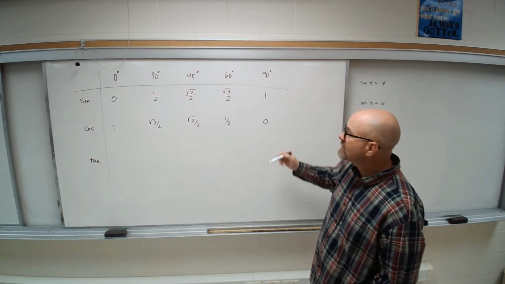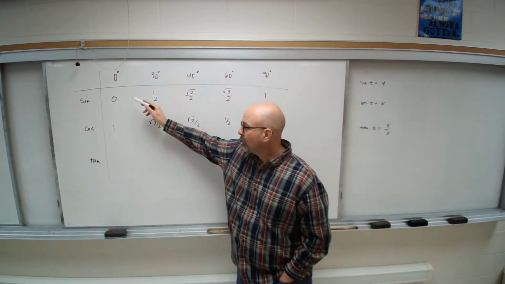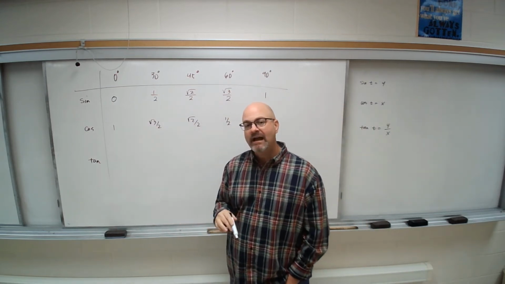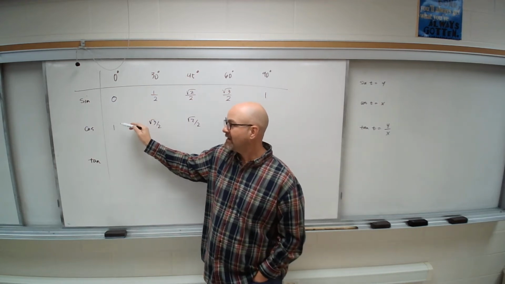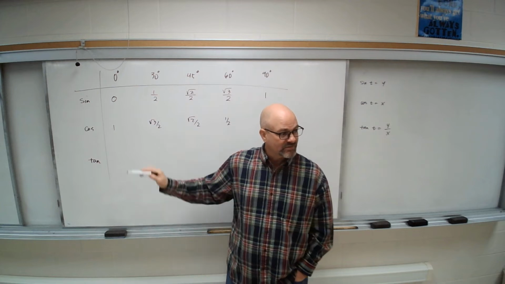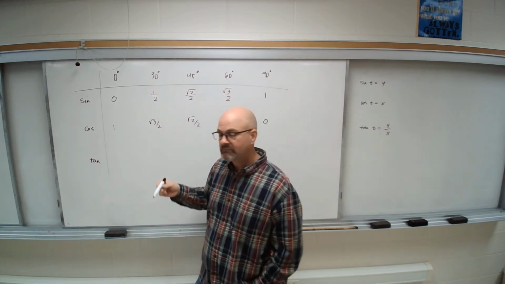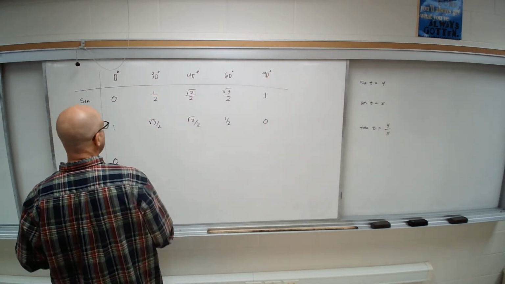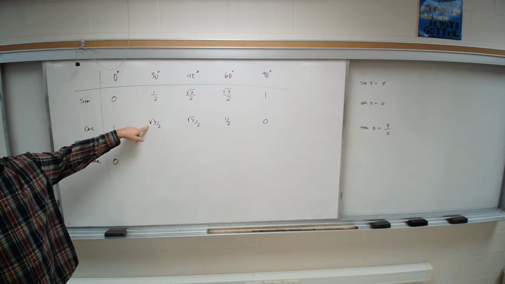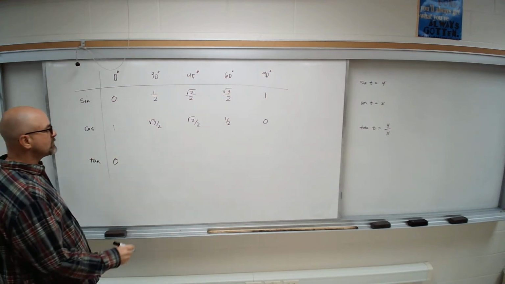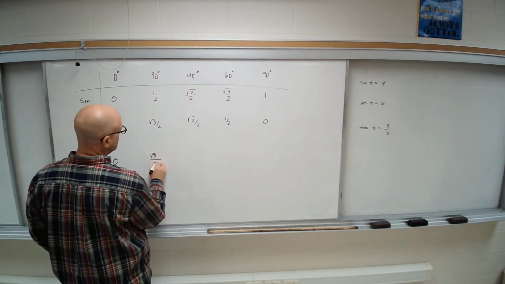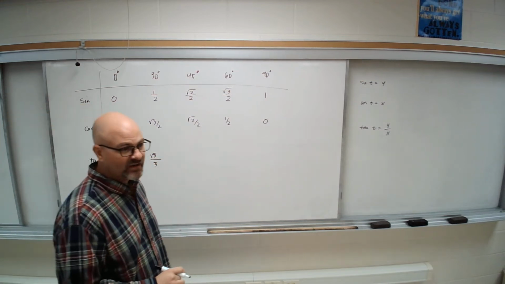And then once you have these, we can find the tangent. I don't want to think about x's and y's. I'm just thinking about it's the sine divided by the cosine. Okay, so 0 divided by 1 is 0. 1/2 divided by radical 3 over 2, we can work that out. It becomes radical 3 over 3 when it's rationalized.